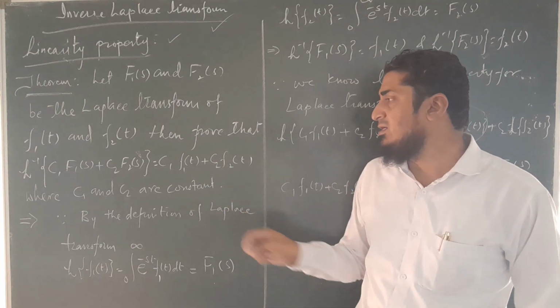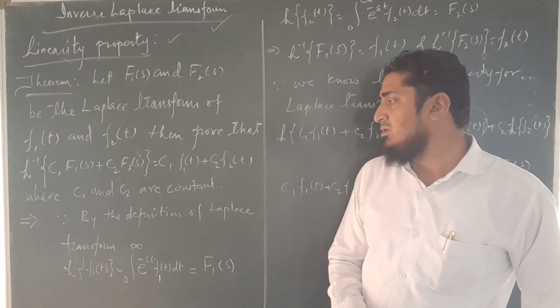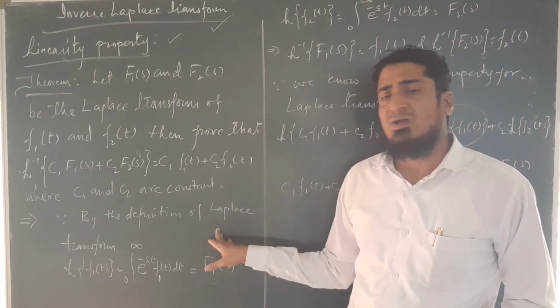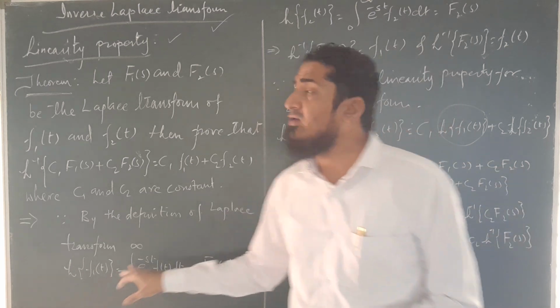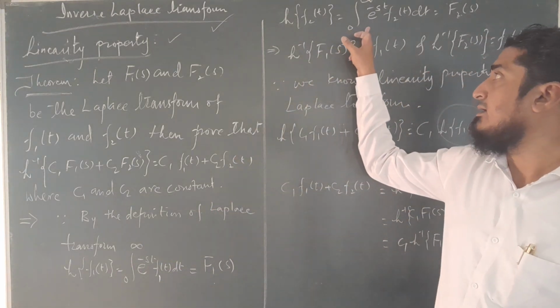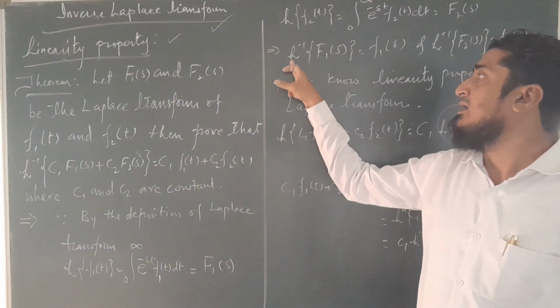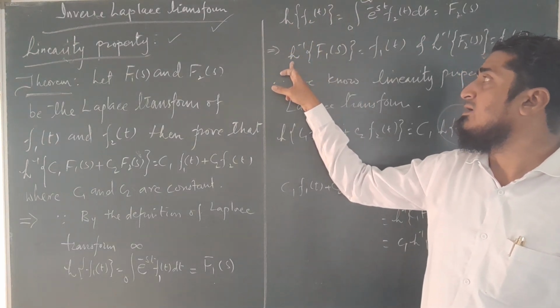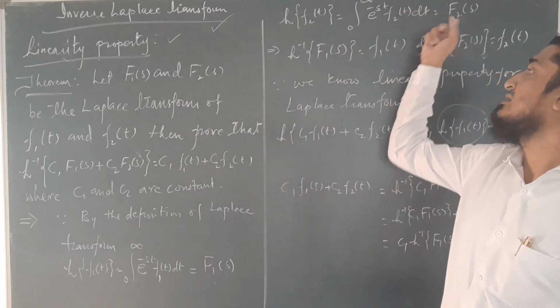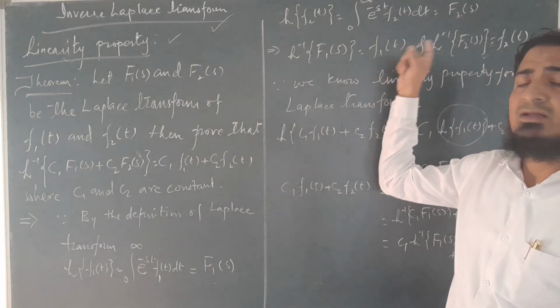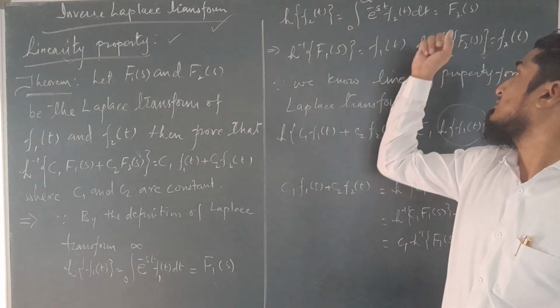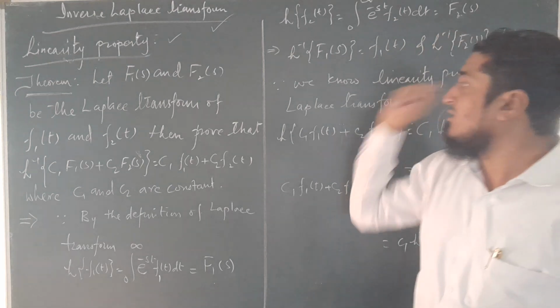We have just used the definition of Laplace transform of f1(t) and f2(t), and applying inverse Laplace transform on both sides, we will get inverse Laplace transform of F1(s) is equal to f1(t), and inverse Laplace transform of F2(s) is equal to f2(t).